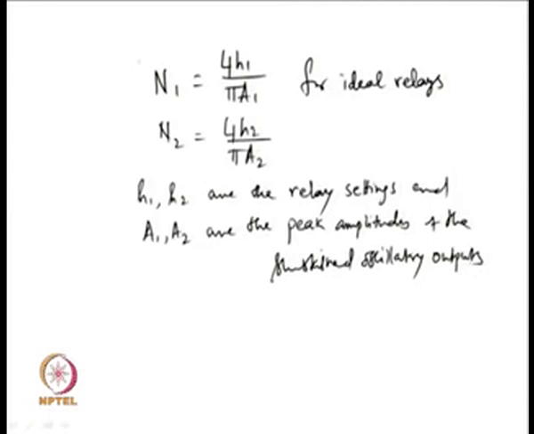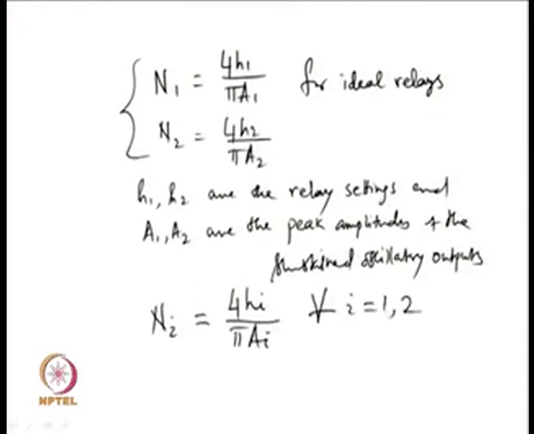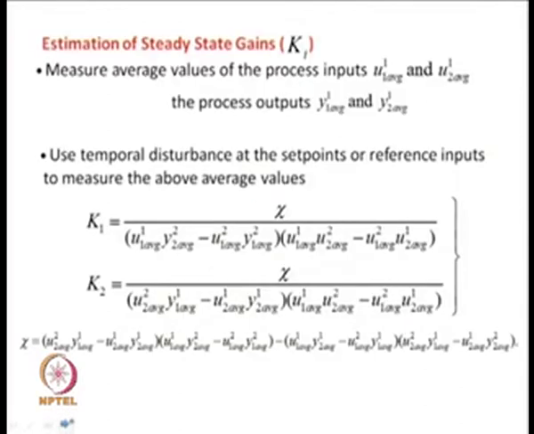So, thus we get the dynamics of the relay in general form, N i is equal to 4 h i upon pi a i for all i going from 1 to 2. Okay. So, this is how we get the dynamics for N also.